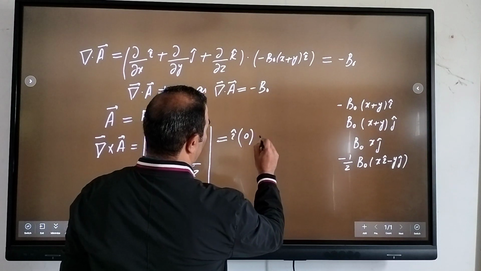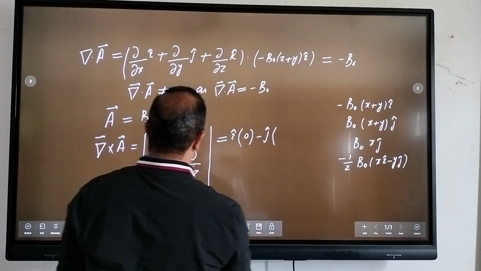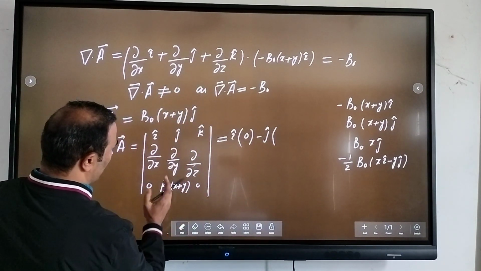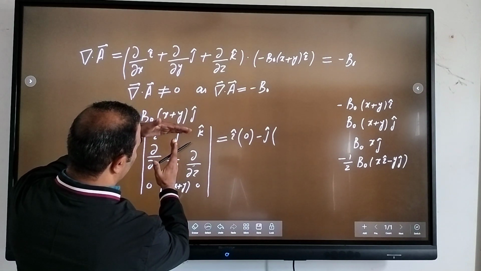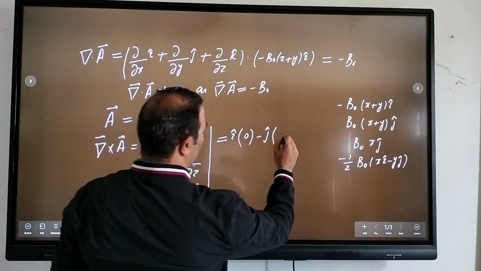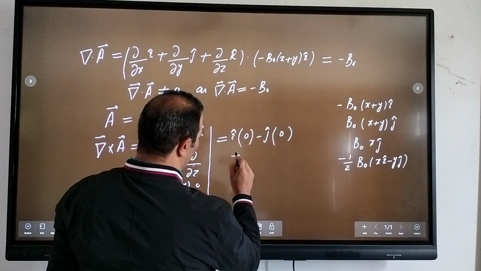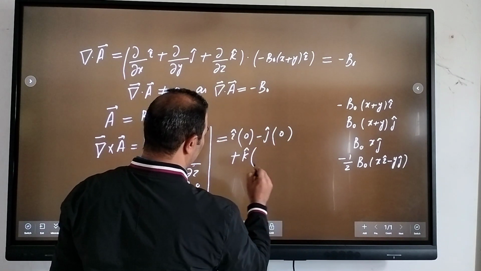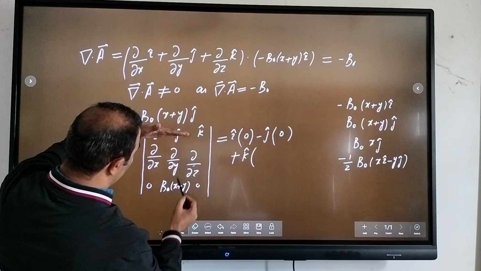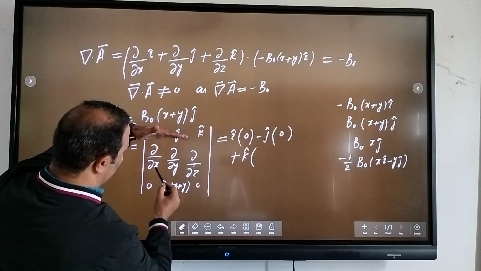And similarly, for the j-th component, skip all this row and column, right? So that means this will again be 0. And now what will be our k-th component? If you calculate the k-th component, that means differentiation of this with this, right?